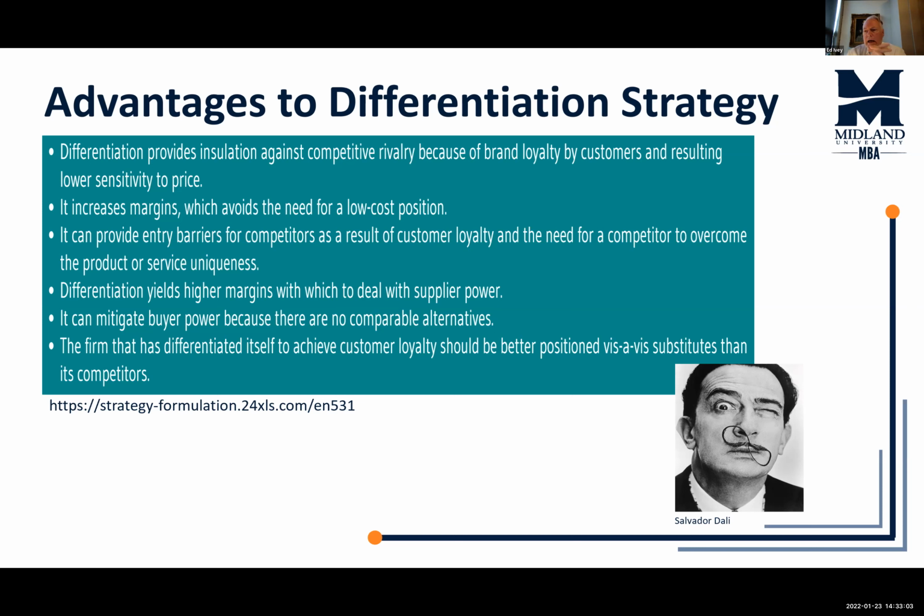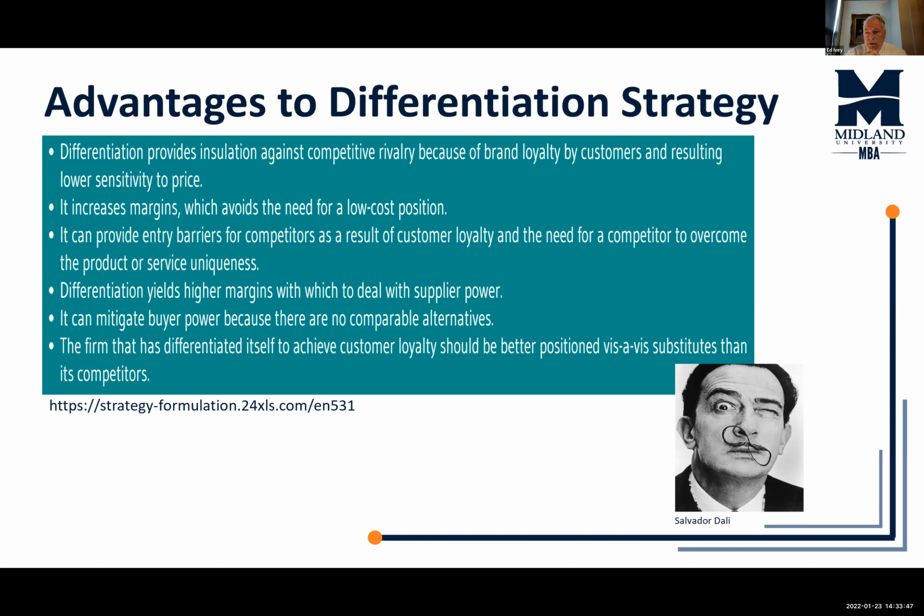As well, it can help reduce buyer power because the perception is there are no comparable alternatives. So that brand loyalty, going back to Apple, they don't believe that the Microsoft products are comparable alternatives. Not to say that it's not an alternative, but comparable alternative being the key there. And then as well, that differentiated product has its customer loyalty, which addresses the other part of Porter's Five Forces, substitutes from competitors.